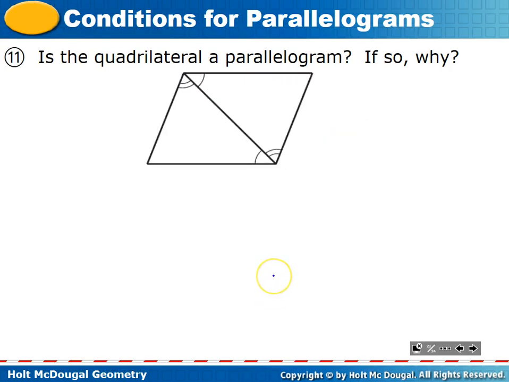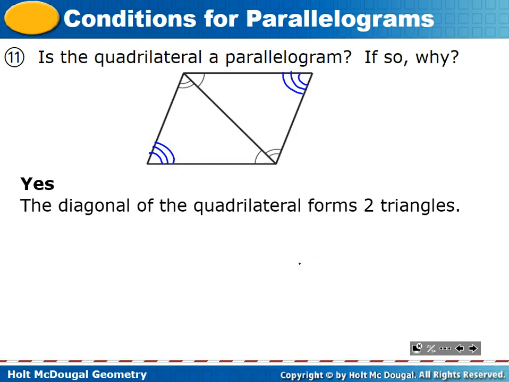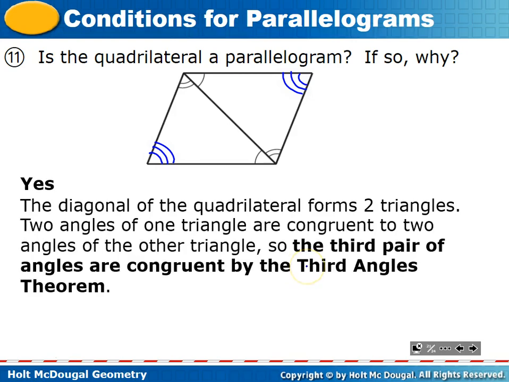This one is like the one we did before, only this time our third angle's over here. So once again, by the third angles theorem, we can prove that the opposite angles are congruent. And notice here again that we could have said that this angle and this angle are congruent, and those are opposite angles.